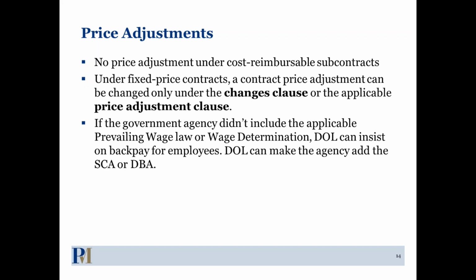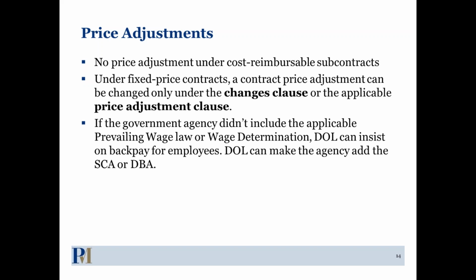I shouldn't be on the hook for this because the agency didn't include all the stuff that they were supposed to include. But as I alluded to earlier, the Department of Labor can investigate the contractor, go back and make the agency include it, and at that point in time, you are on the hook, okay? And so that's the point in time where you would go back and ask for the price adjustment.